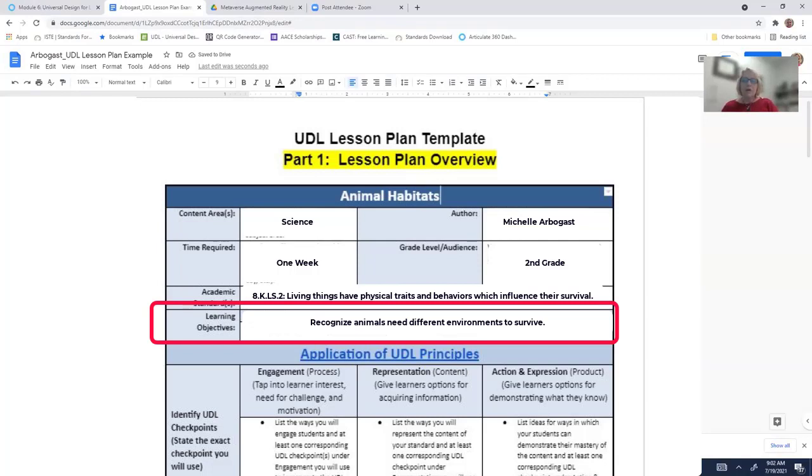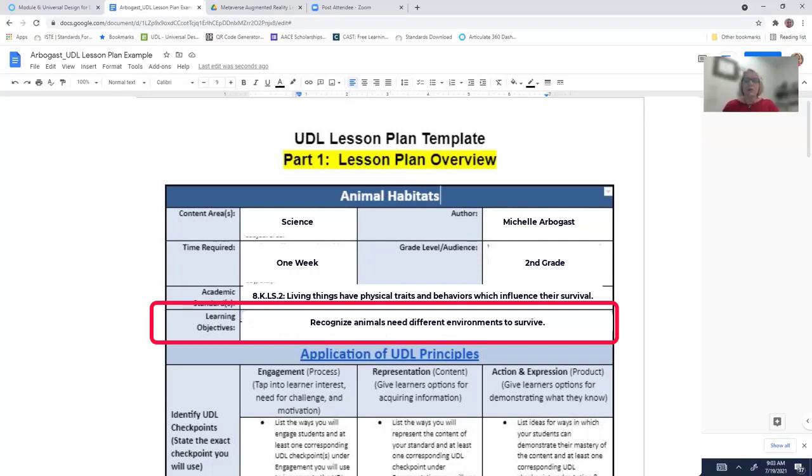Remember, when you do a learning objective, you want to have an action verb from Bloom's taxonomy, so I can measure whether students can recognize that animals need different environments to survive.